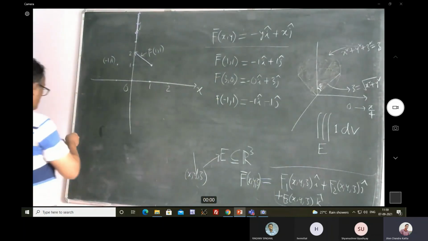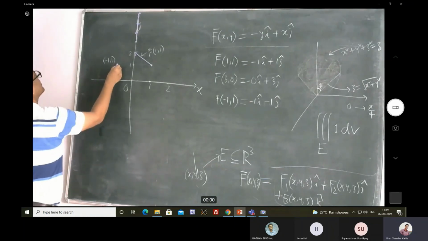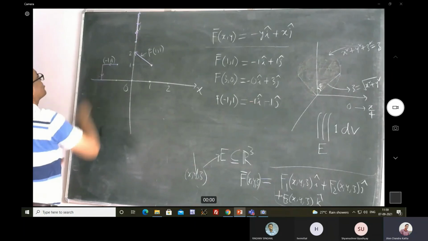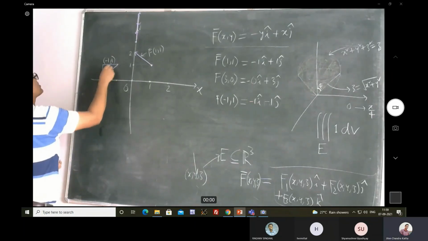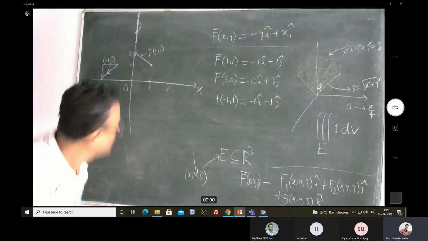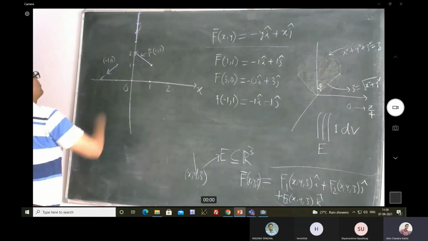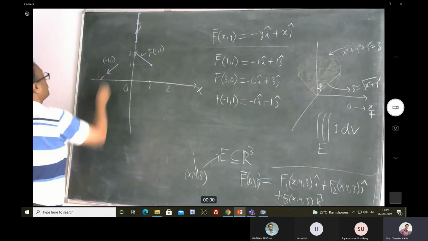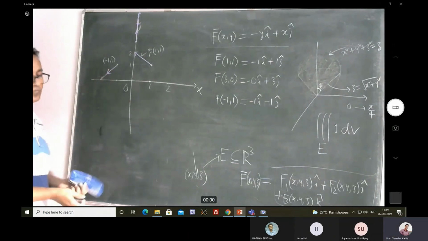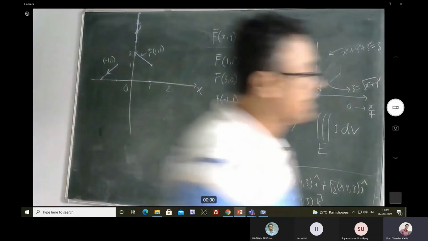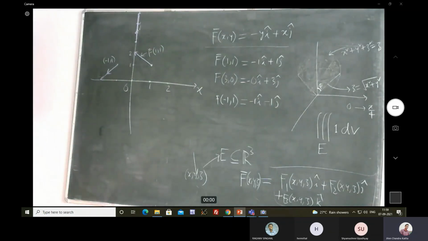So you have to come 1 unit towards the right and again 1 unit down. So this is going to be your vector at (minus 1, 1). Is it okay? Fine. So this is the way it is going to work.